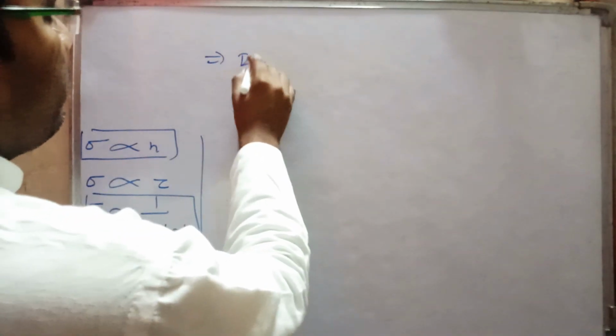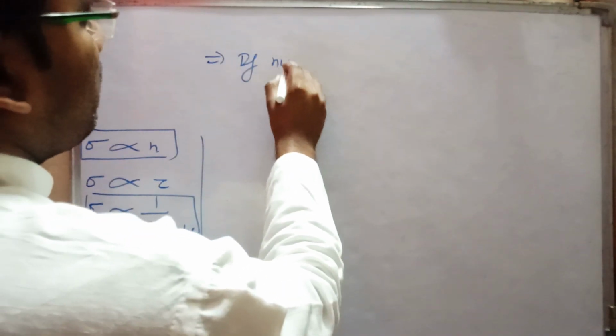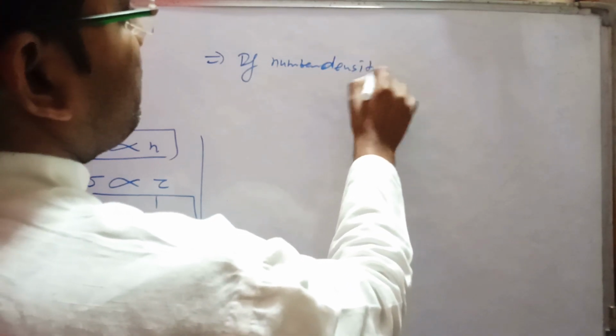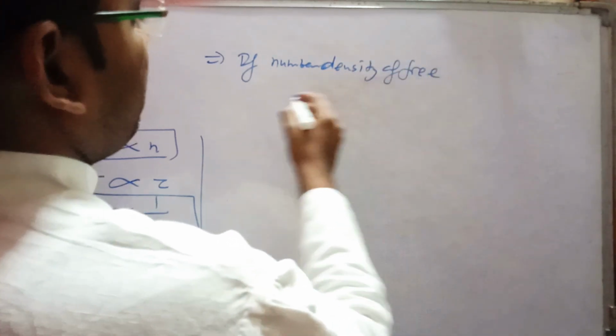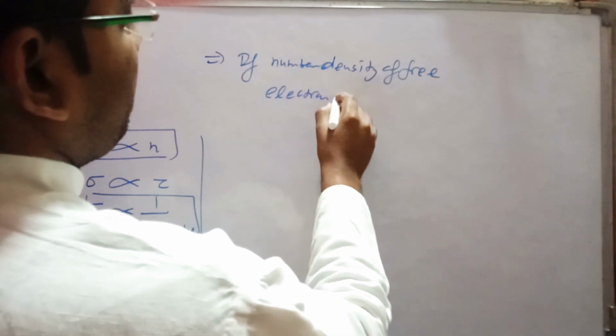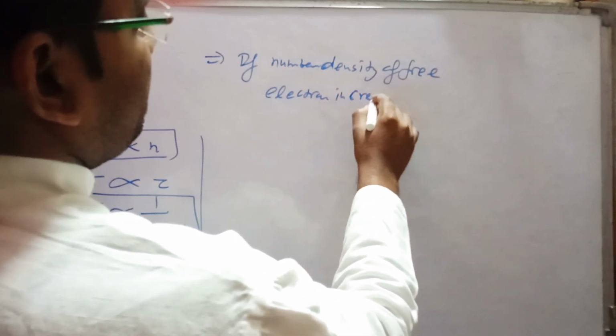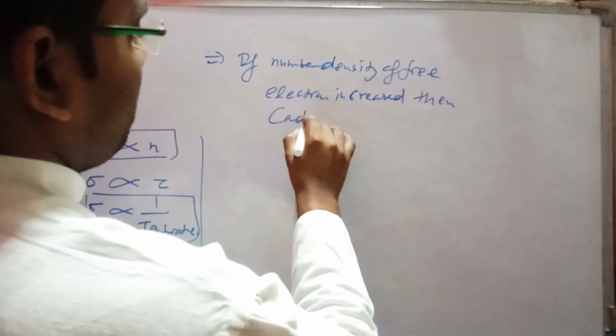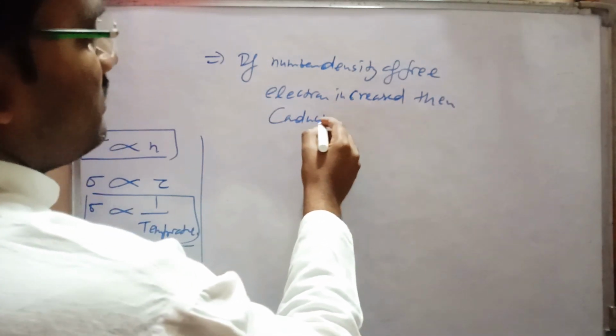Now if number density of free electron increases, then conductivity increases.